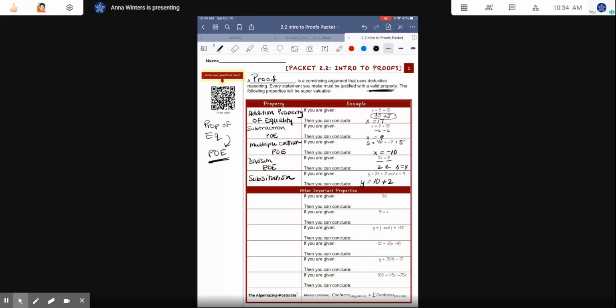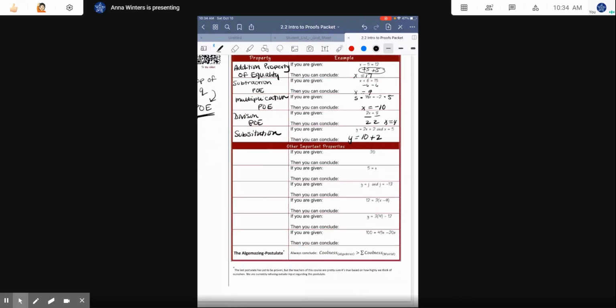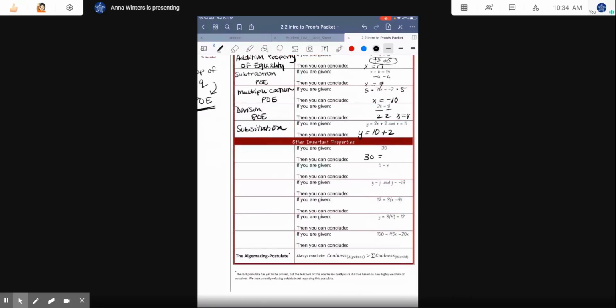All right, so the very first one, it says if you are given 30, we can conclude 30 equals 30. And that's called reflexive. Sometimes we'll actually see in some of our diagrams, things we'll talk about is angle A is congruent to angle A. That's another version of reflexive.